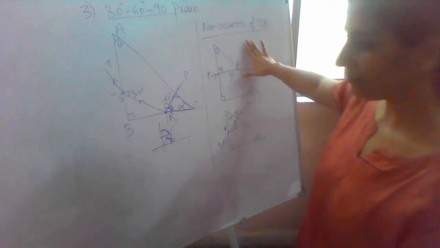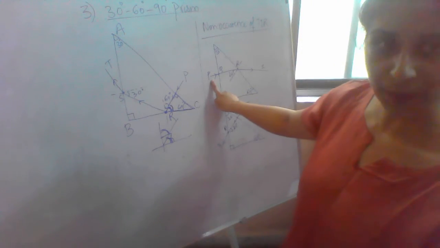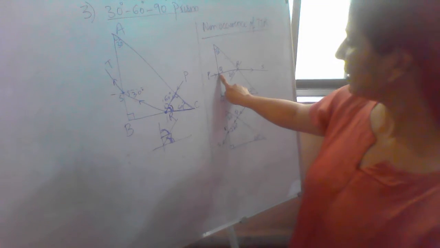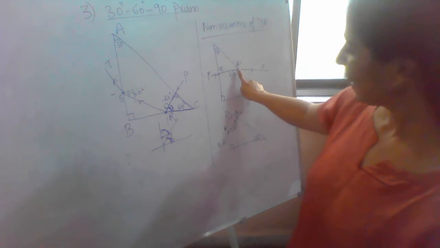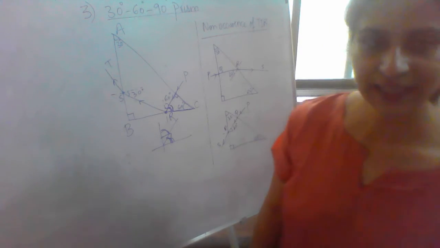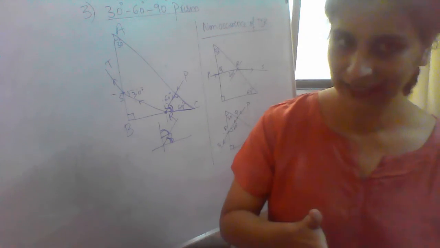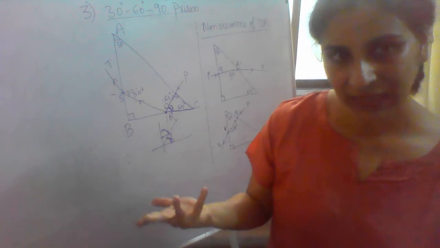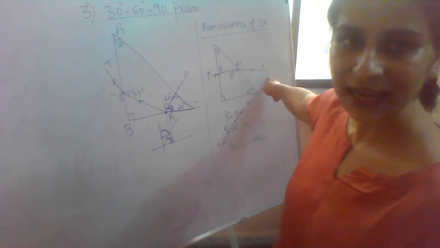This is the first figure. The ray P is coming, striking at Q at 90 degrees, so obviously it will go straight, and strike here at 30 degrees. Because it strikes at 30 degrees, which is much lesser than the critical angle 42, no total internal reflection will happen and it will go out in air.